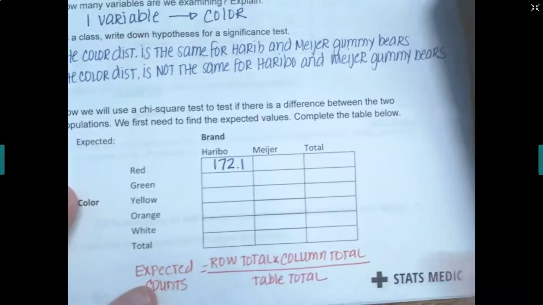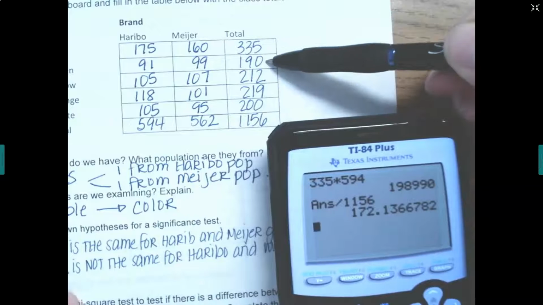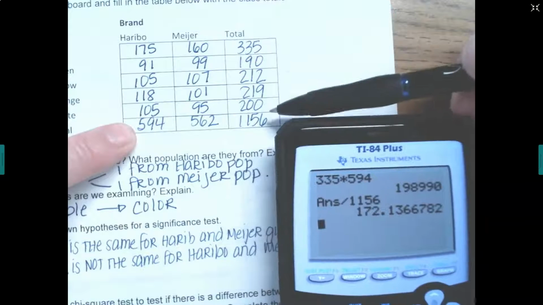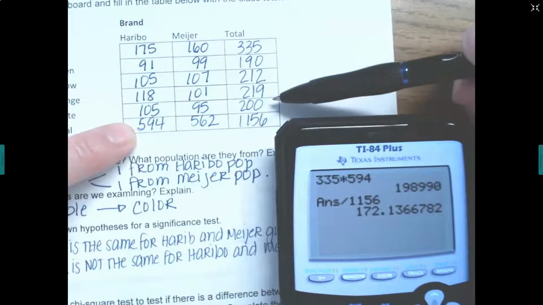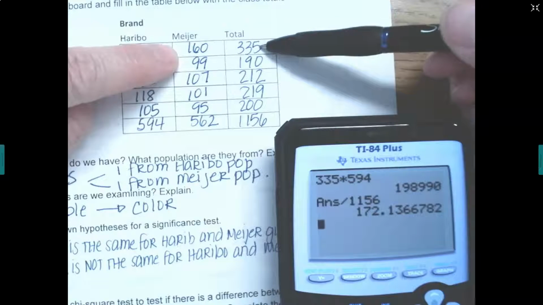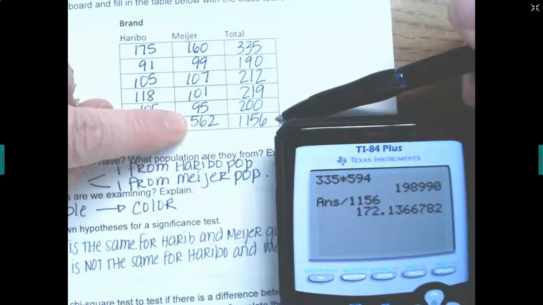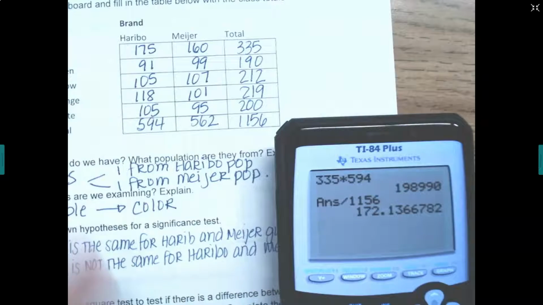So you're going to go through each of these and you'll do each row total times the column total divided by the table total. And when you get over to Meyer, it's going to be the row total times the column total divided by the table total. So go ahead and fill out the rest of your table and come back once you finish.